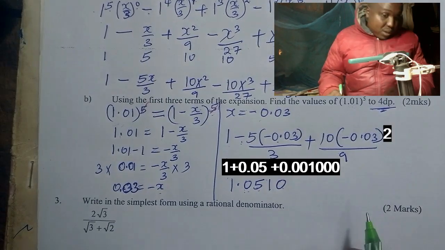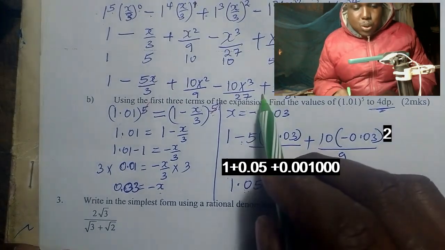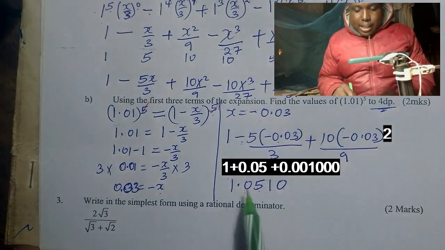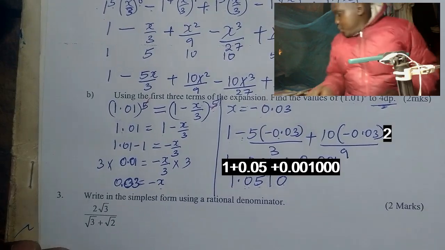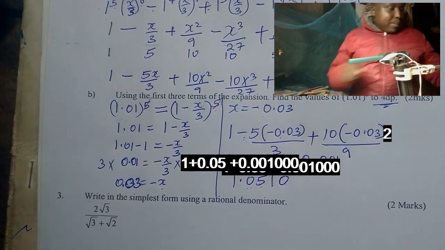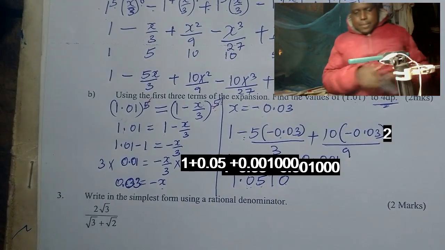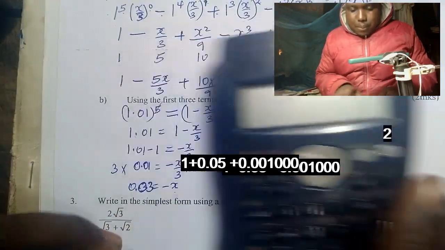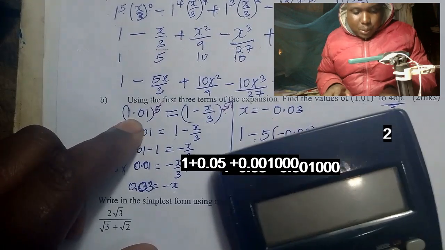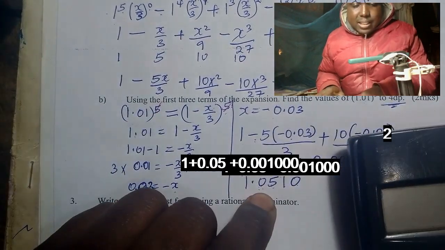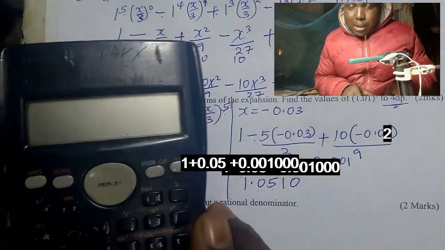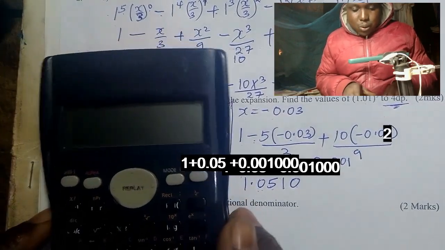And after you are finished, you need to check whether your expansion was okay, whether your answer is fine. What do you do? You bring your calculator. Then you confirm that actually 1.01 raised to power 5, the answer is this. You need to confirm and mark yourself before you are marked.